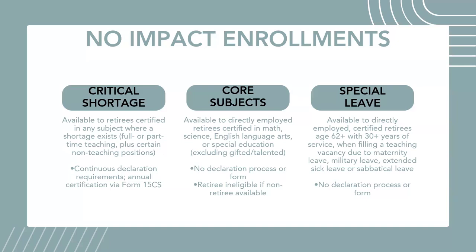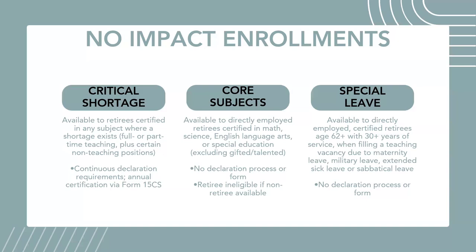The core subjects is going to be specifically for directly employed retirees that are certified in math, science, ELA, or special education, with the exception of gifted and talented. This does not require a declaration process or form. However, if a non-retiree is available and applies to this position, it will kick the retiree out of being available for this category.